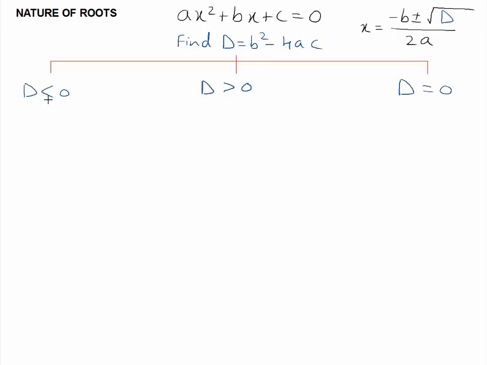So if the discriminant is negative, we can see that the root of negative numbers does not exist. So the roots will be imaginary. That is, roots will not be real.